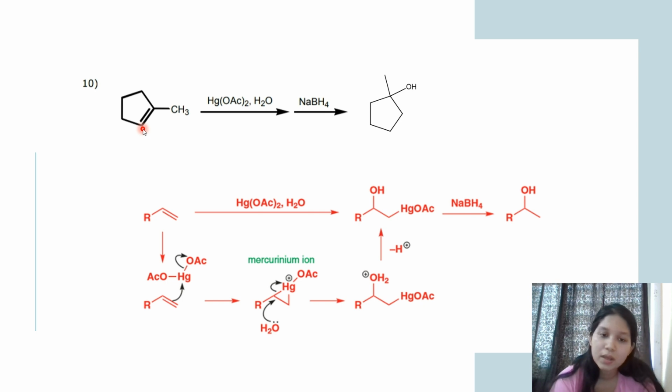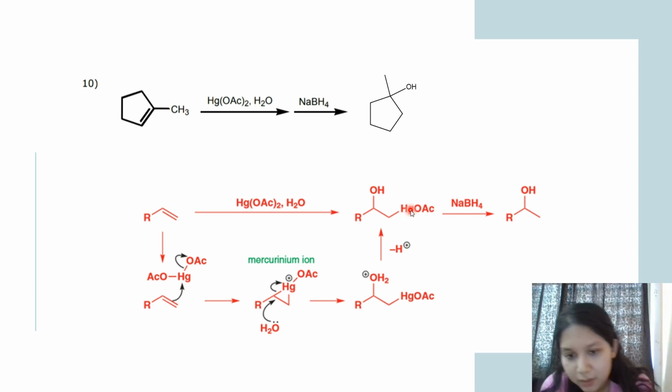Now, upon treatment of the species formed here with sodium borohydride, you get hydride donation from NaBH4 to this position, and this weak carbon-mercury bond will get broken down. So eventually you end up getting a hydride addition at this position, which will substitute this mercury acetate moiety.